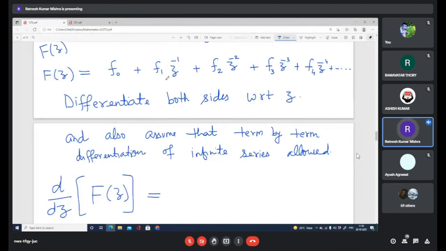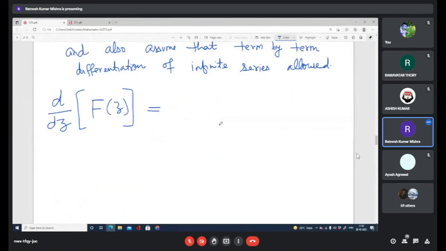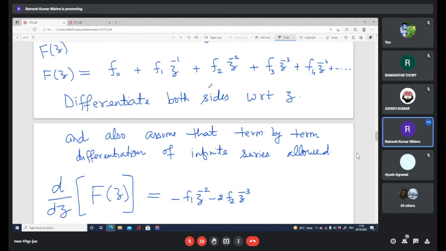Then minus 1 f1 z to the power minus 2. Why write minus 1? We can directly write minus f1. Similarly the next one is minus 2 f2 z to the power minus 3.